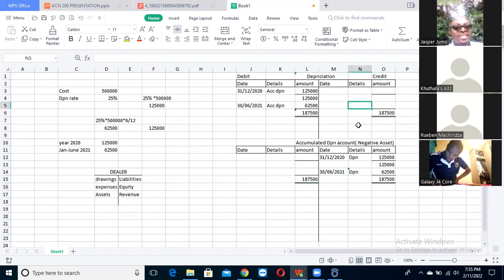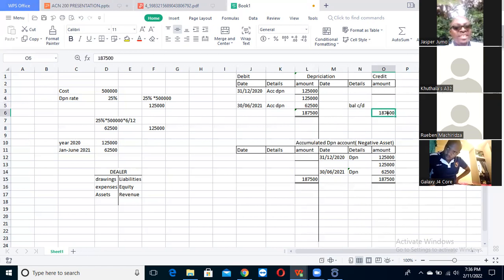In this particular one, you just write balance to be carried down to the next period, and it's shortened to balance CD. So the debit side of the ledger must be equal to the credit side of the ledger. That is why you see I rushed to put the totals in the totals column, but we haven't recorded anything on the credit side.